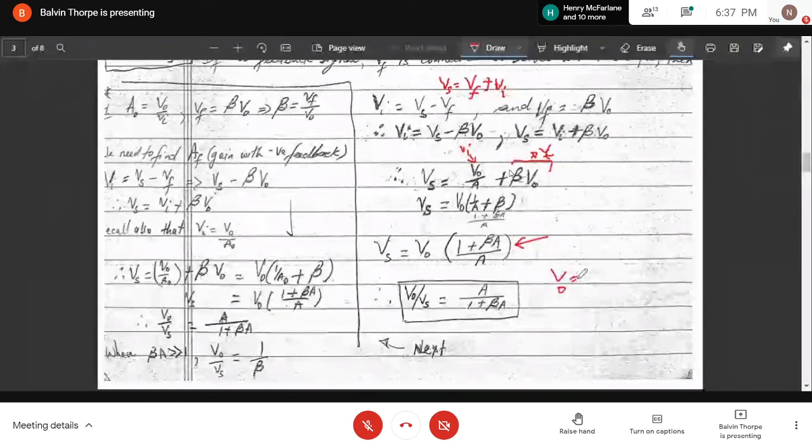We were trying to find the overall gain of the network, VO over VS.